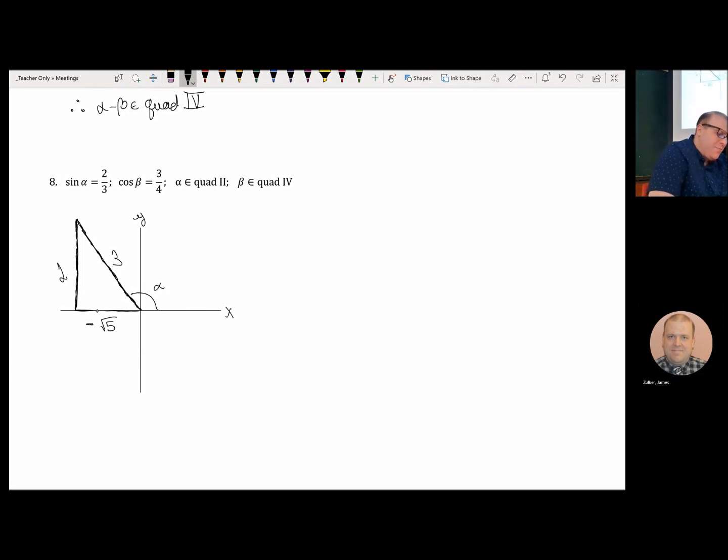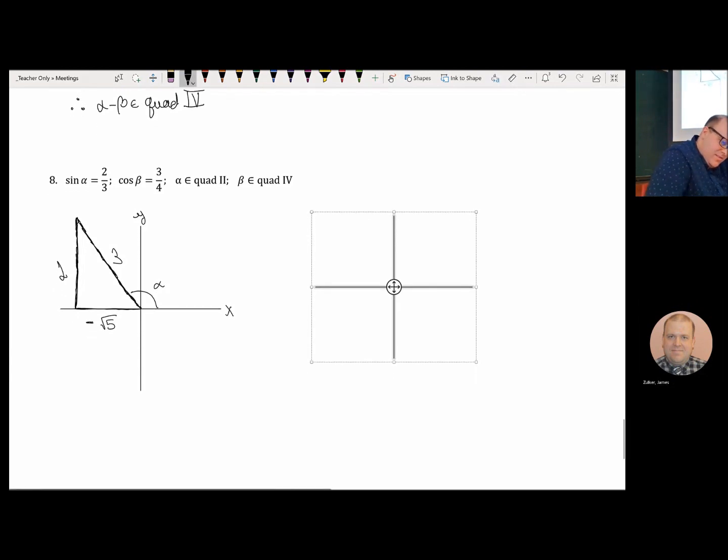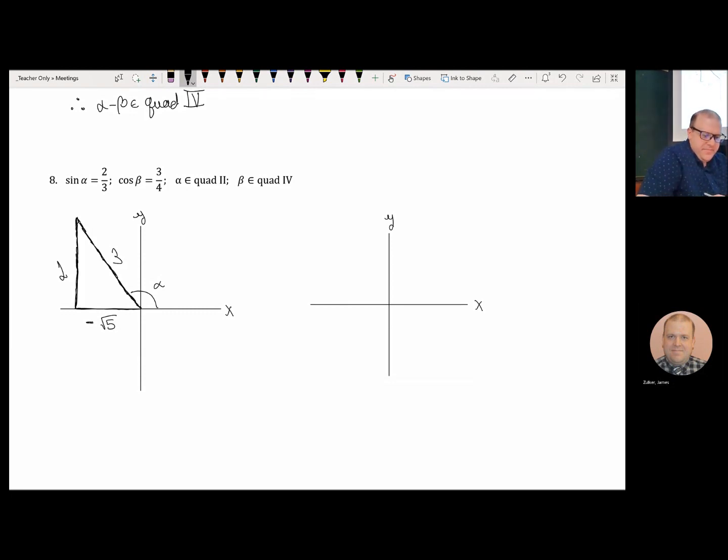I'm just letting this represent the x coordinate. There's the angle beta.